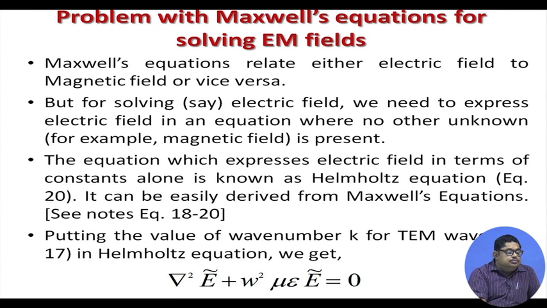You can easily derive it, as I said, and also you can see our notes, equations 18 to 20, which will show you this. This equation can be solved, because you see del square E plus some constant into E is equal to 0.